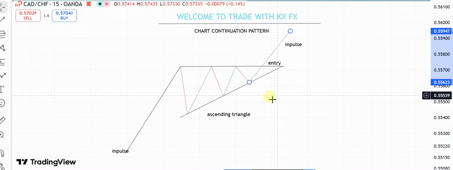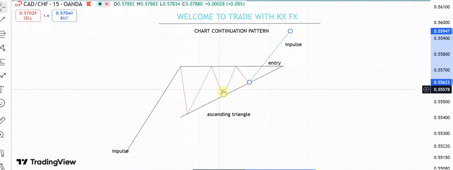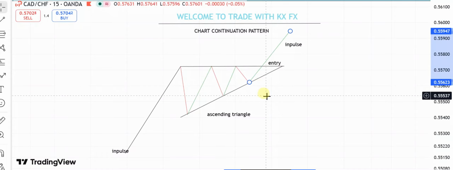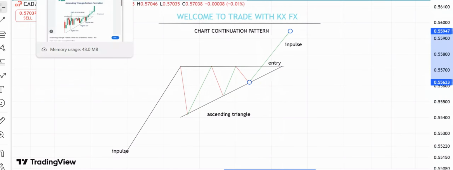So when you understand that this is an impulse move, this market was buying, it means you should be expecting a pullback. So this is an ascending triangle. It's a chart continuation pattern. So you need to pay attention and understand how to draw your trend line.